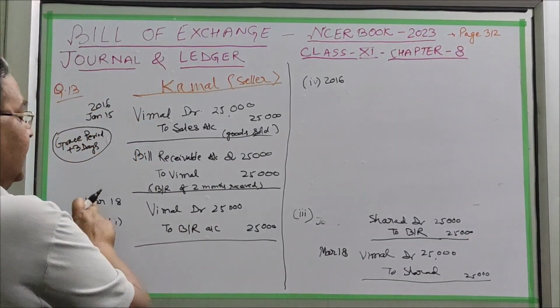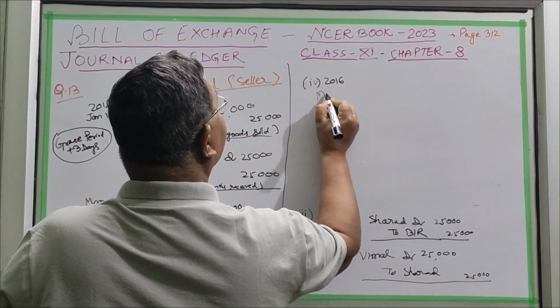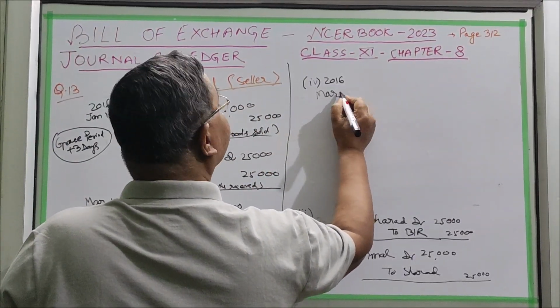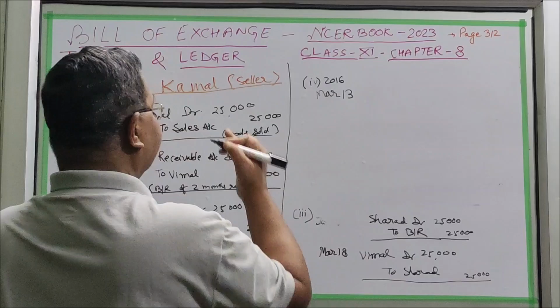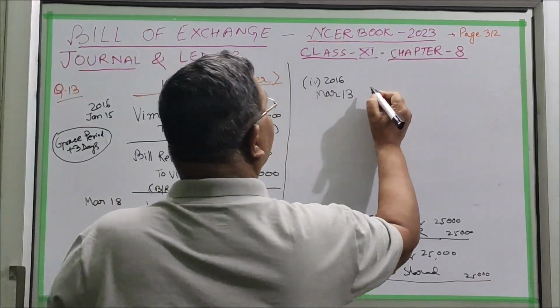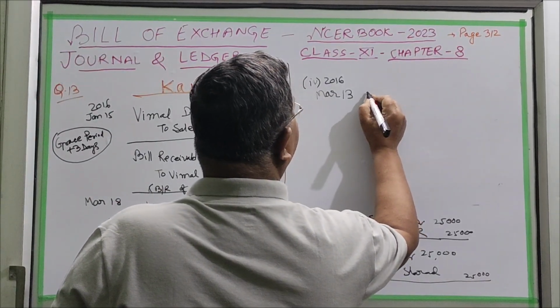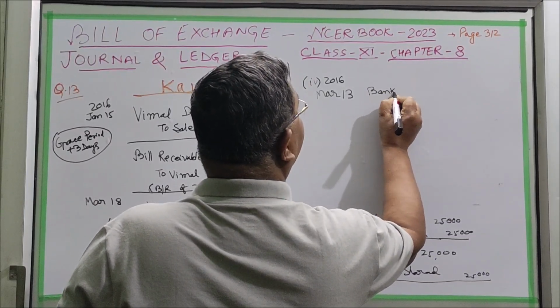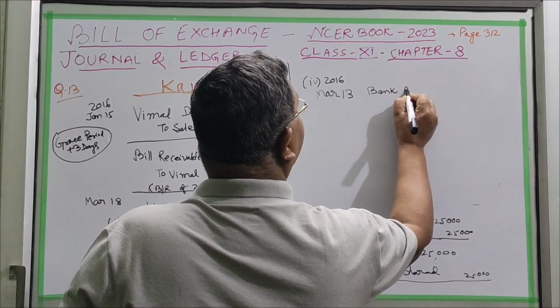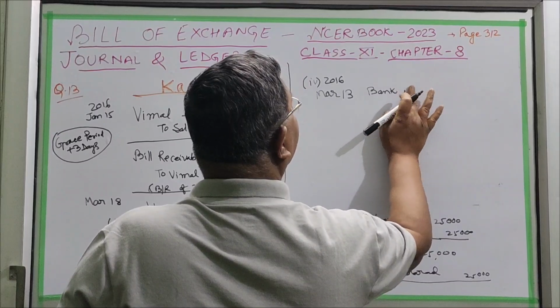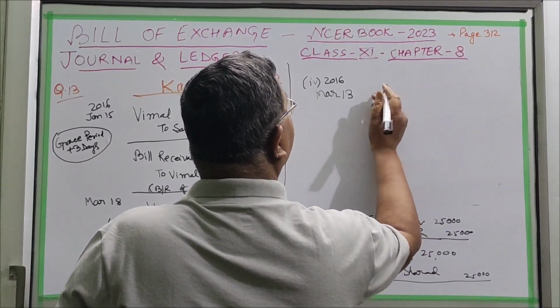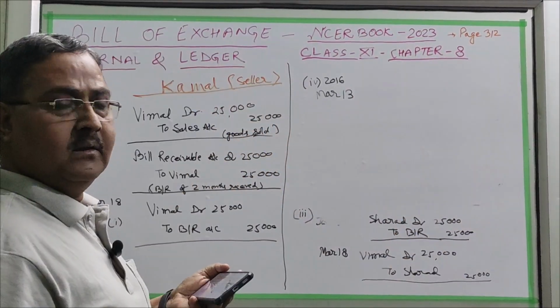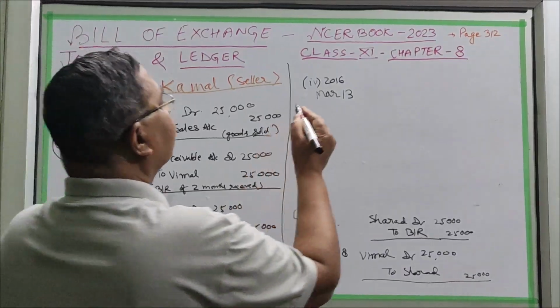Maturity was March 18. So what happened on March 13? Kamal has sent the bill to the bank. So what will he do? The bill was sent for collection.